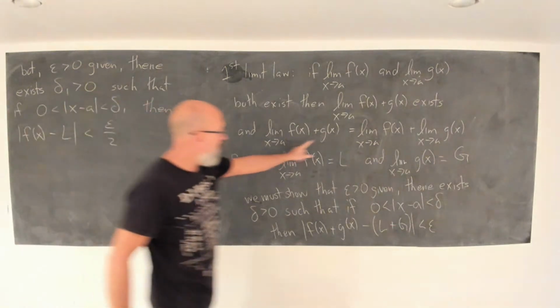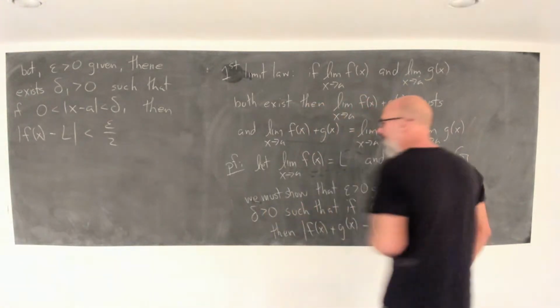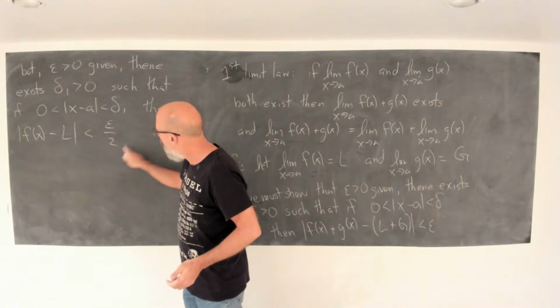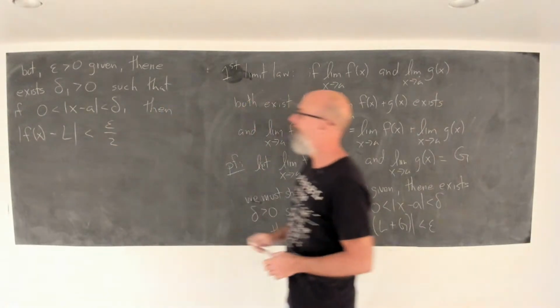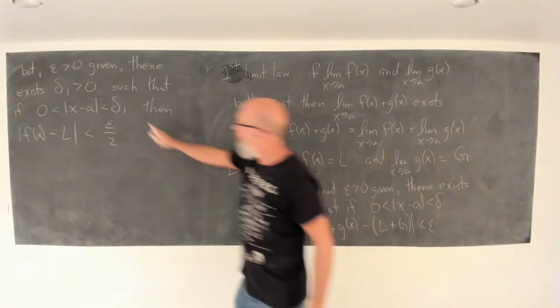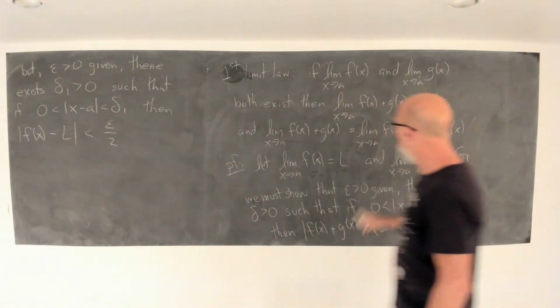That's because this limit is L. If you're given any epsilon, I'm taking epsilon over 2 as my new epsilon, then there exists a delta 1 such that this is true.